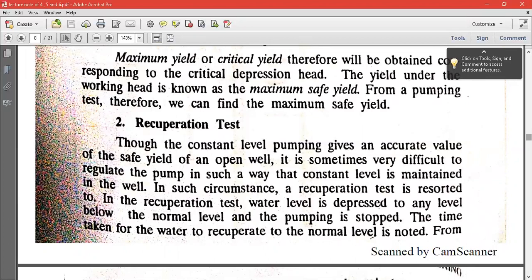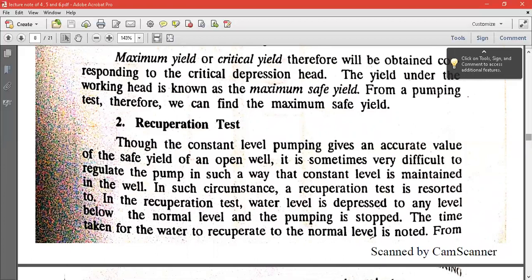So constant level pumping may not be satisfactory every time due to these difficulties. It is very difficult to regulate the pump in such a way that a constant level is maintained in the well. In such circumstances, a recuperation test is resorted to.